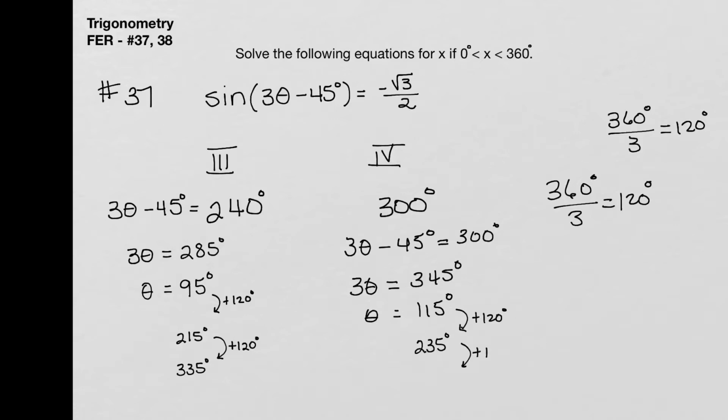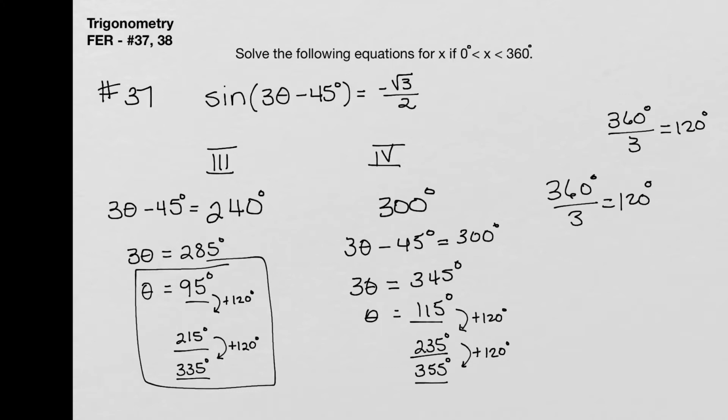Add another 120, and that gives me 355 degrees. So for this problem, in the end, I end up with 6 solutions: 95, 215, and 335, and then 115, 235, and 355. And so that's the end of that problem.